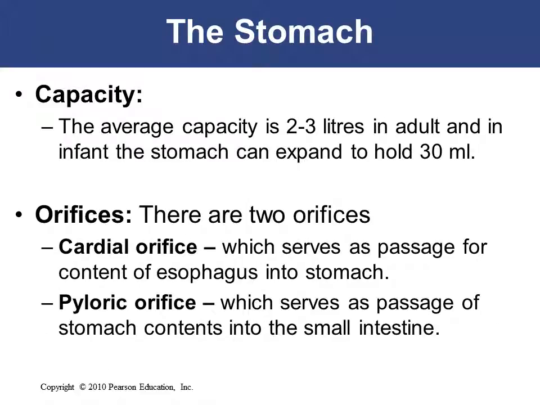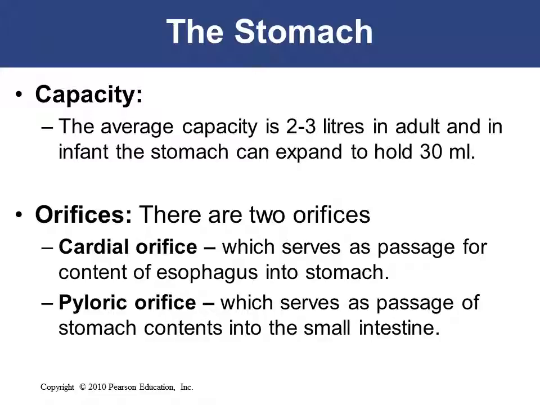The capacity: the stomach has an average capacity of 2 to 3 liters in adults, and in an infant, the stomach can expand to hold at least 30 milliliters. There are two openings to the stomach: the cardiac orifice and the pyloric orifice.